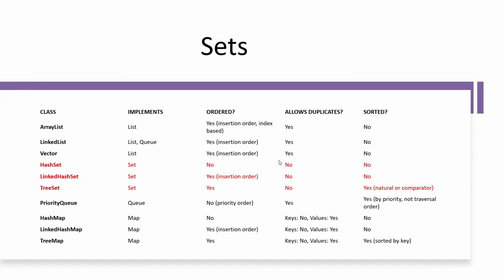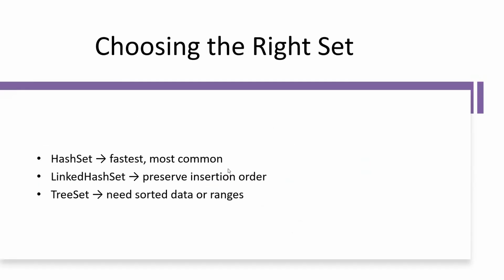None of these allow duplicates, or else there would not be sets. HashSet and LinkedHashSet are not sorted, but TreeSet is, because it's backed by a binary tree. So yeah, that's it for the table.